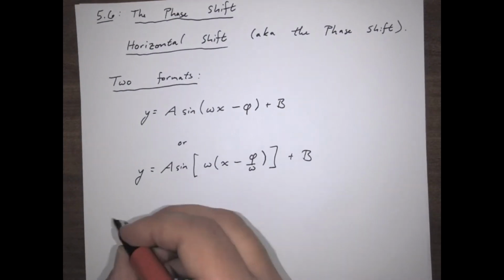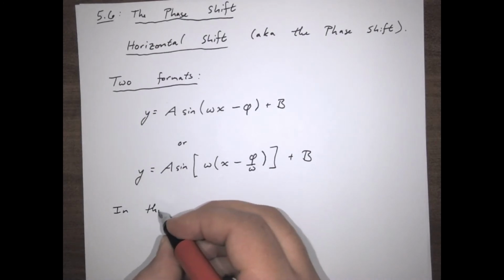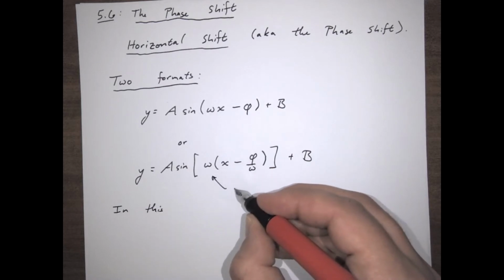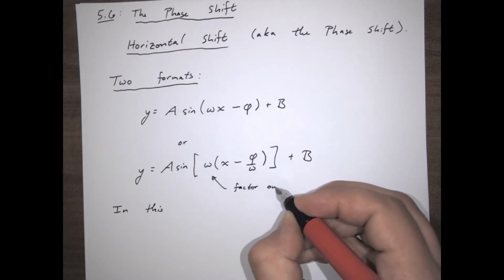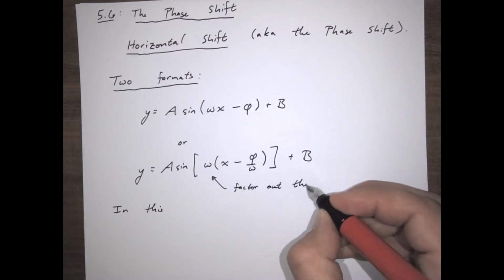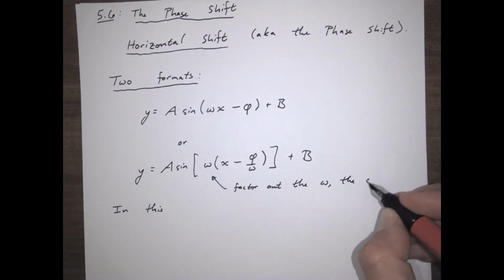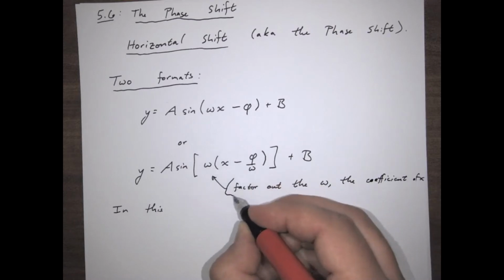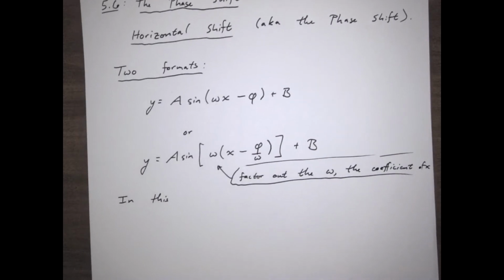Okay, so in this setup, actually, let me point out what just happened here. We factored out the omega, which is the coefficient of x. So it's the coefficient of x that we factored out to produce this.